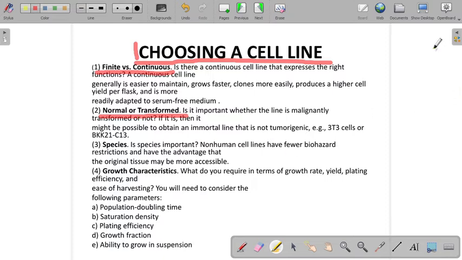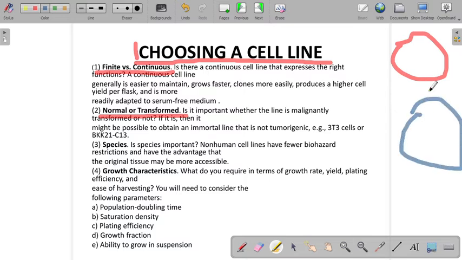Some cells are normal. They perform all the functions, metabolic activity normally. And some cells are transformed cells. Transformed means the cell is the same. It is not a different condition, but might be it has changed genetic material suddenly because of an environmental effect, and it has changed its expression.